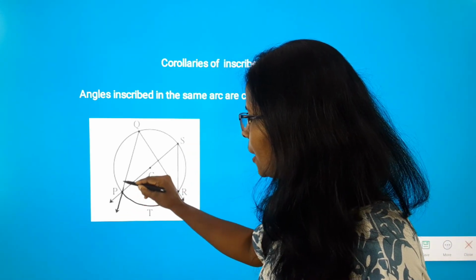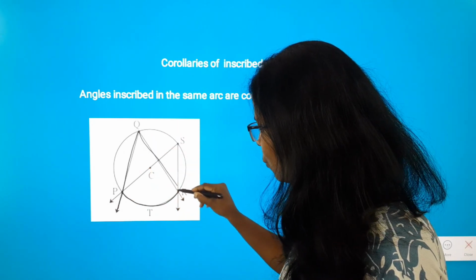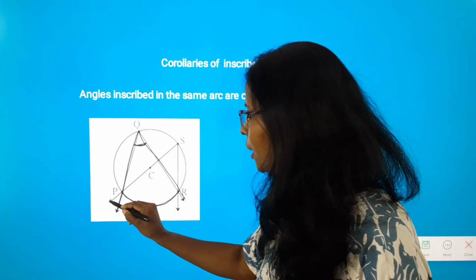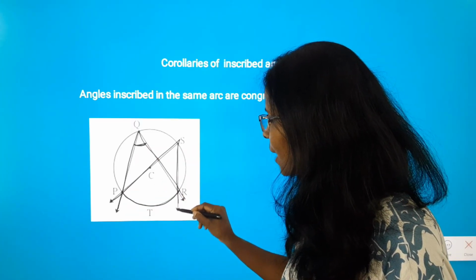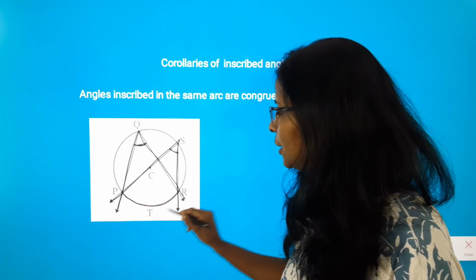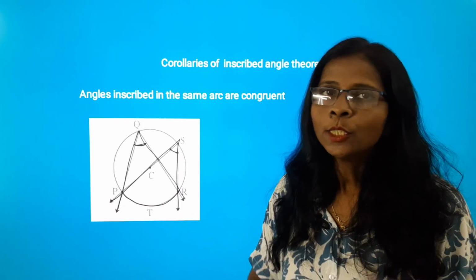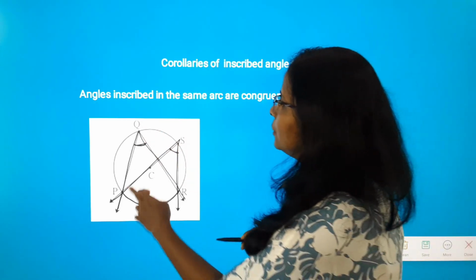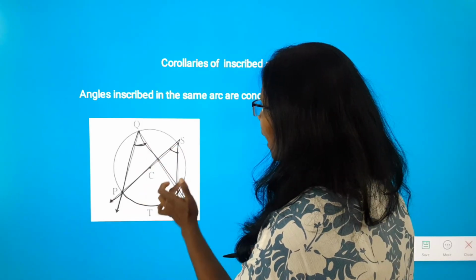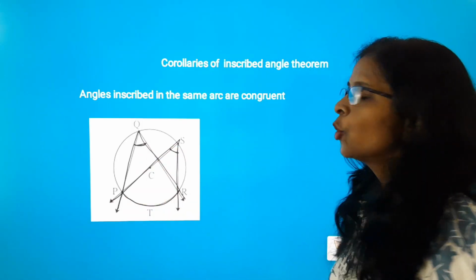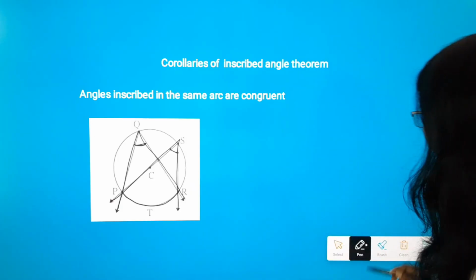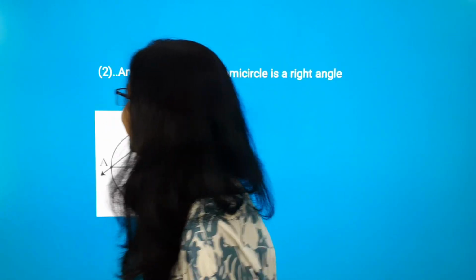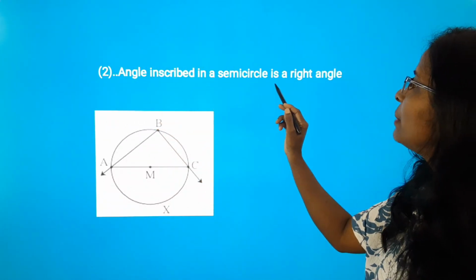See here is the angle PQR, it includes this arc, as well as the angle PSR, this angle also includes the arc PTR. So here we can say that the angles inscribed in the same arc are congruent.